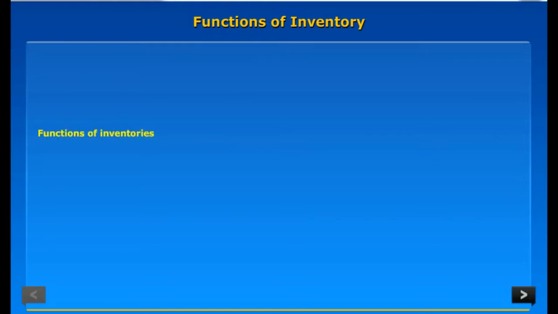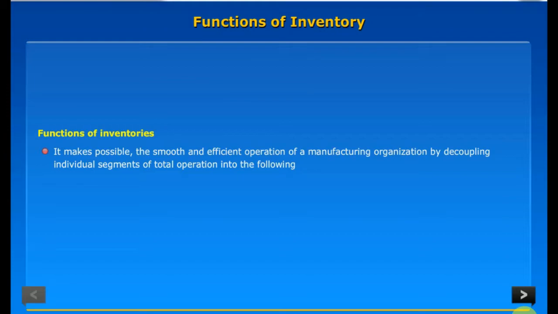Functions of inventories. It makes possible the smooth and efficient operation of a manufacturing organization by decoupling individual segments of the total operation into the following: purchased part inventories, inventories of parts and components, and finished goods inventories.